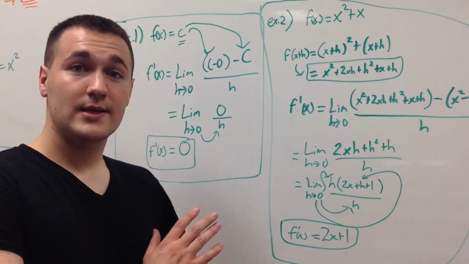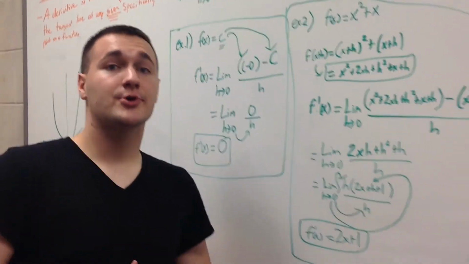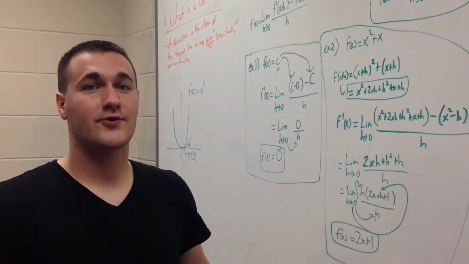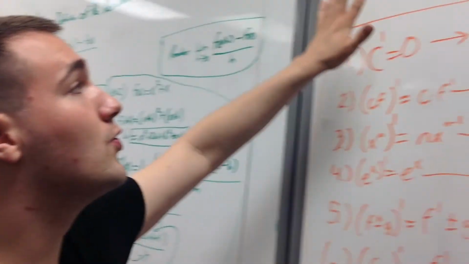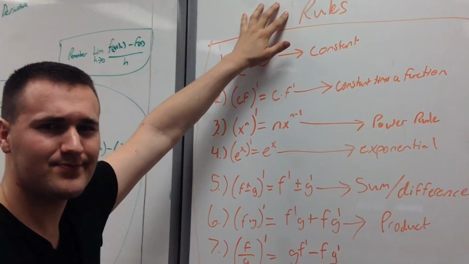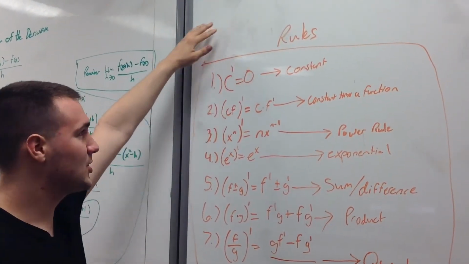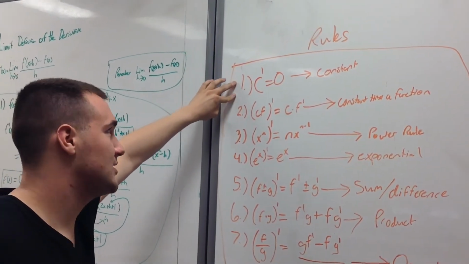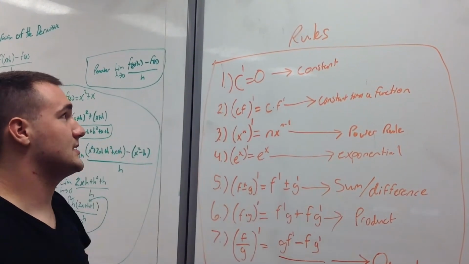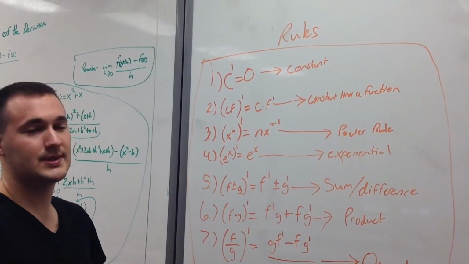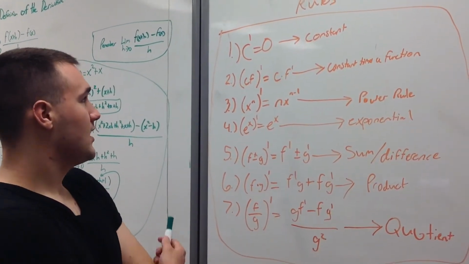This is the hard way of figuring out your derivative, but once you get further along, you'll learn the rules of taking derivatives, and that makes things so much easier. Like I told you earlier, any constant primed will always equal 0. Always.